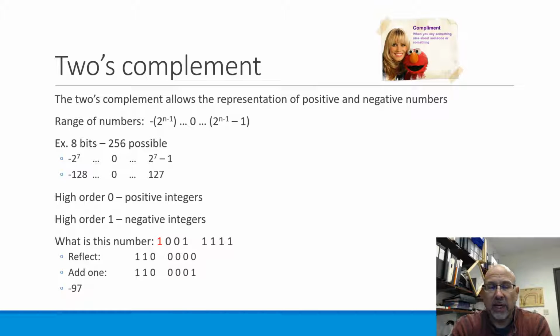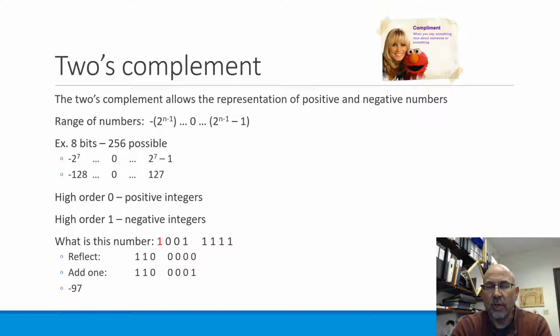But if I said you've got to represent positive and negative numbers in there, you might say, okay, we'll divide the space in half and have 128 negative numbers and 128 positive numbers. Then I might say, well, how would you represent 0? 0's got to be in there somewhere too, and is 0 positive or negative? So we actually have to come up with a little bit different way of dealing with that.